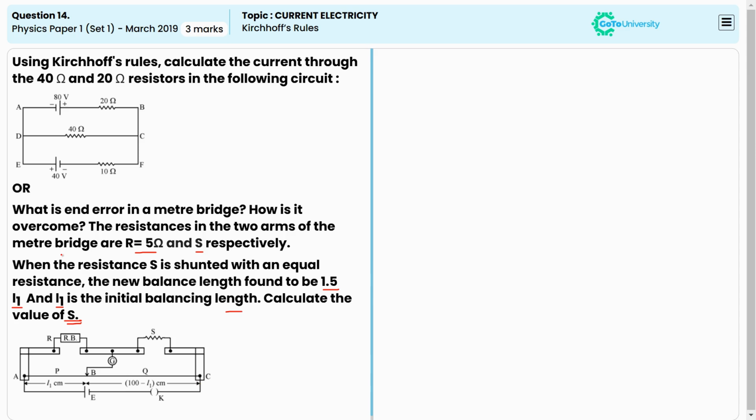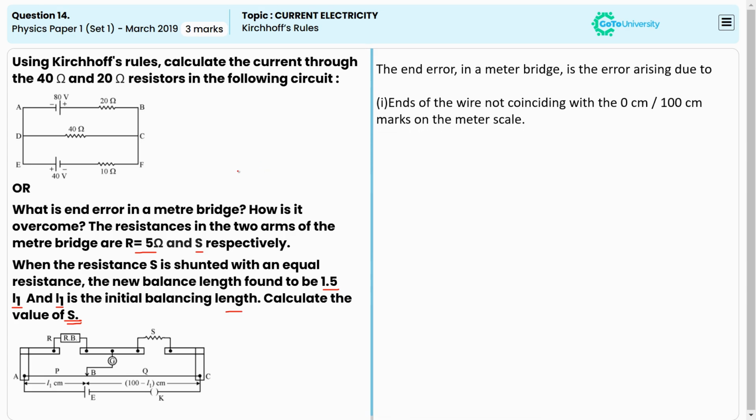First we will discuss what the end error in a meter bridge is. The end error in a meter bridge is the error arising due to the ends of the wire not coinciding with the 0 centimeter or 100 centimeter marks on the meter scale. If it is not at the mark on the meter scale, then automatically end error will arise.